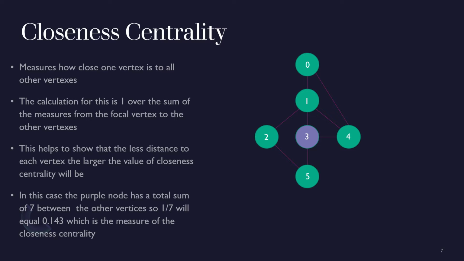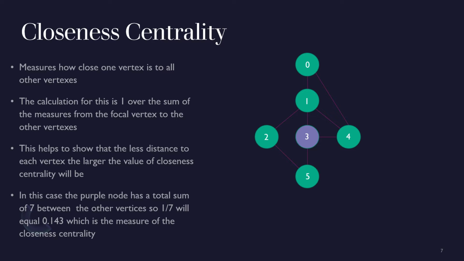Closeness centrality is a measure that checks to see how close a node is to all of the other nodes in the graph. The calculation for this is 1 over the total of the distances to the other nodes.